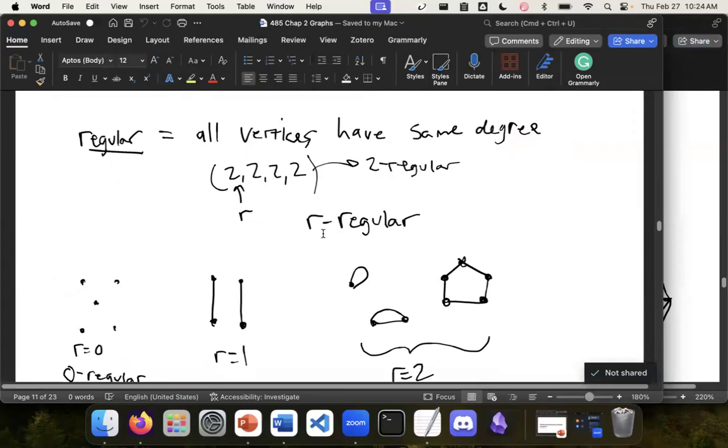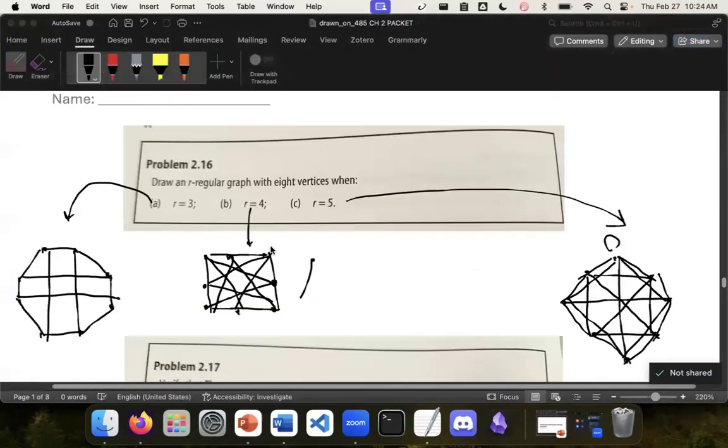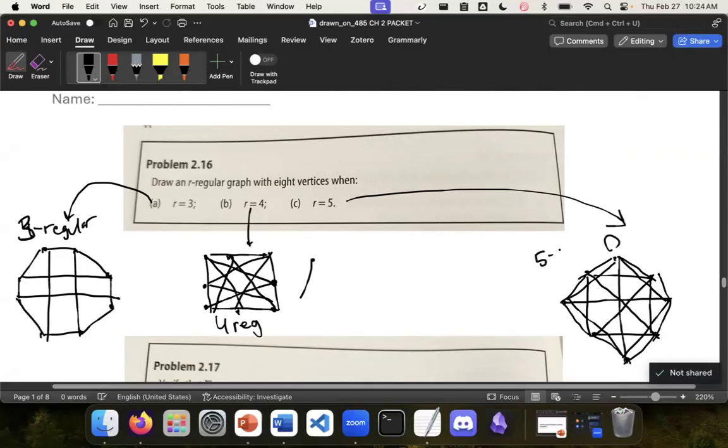And so we say that if a graph is regular, we call it R regular, just to say here's the number. So this graph is 4 regular. This graph, no, this is 1, 2, 3. 3 regular, this one is 4 regular, and this one is 5 regular. We just attach the number that applies to this graph.